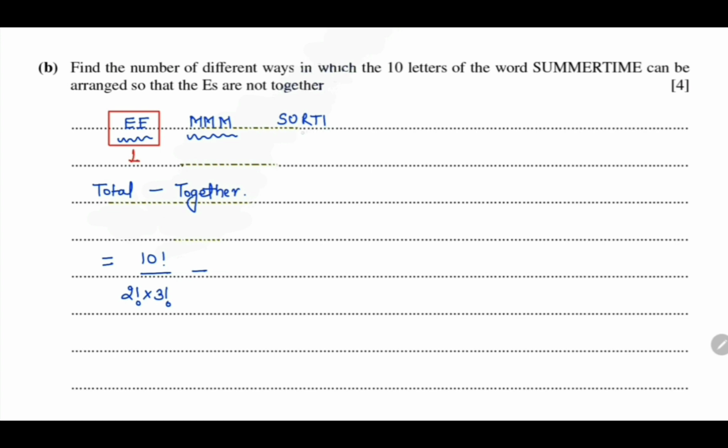So how many letters do I have right now? 1 2 3 4 5 6 7 8 and 9. So 9 factorial divided by 3 factorial for M, because M are identical. I have not taken 2 factorial for E's because I have taken E's as one object. So 9 factorial upon 3 factorial. This is my final answer.